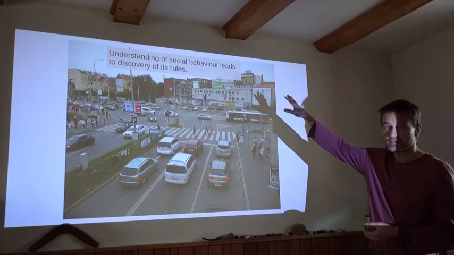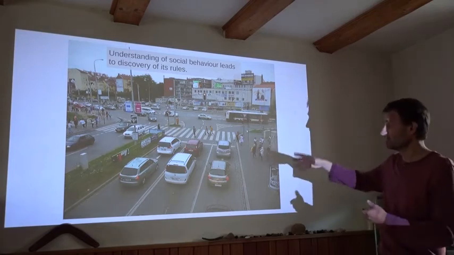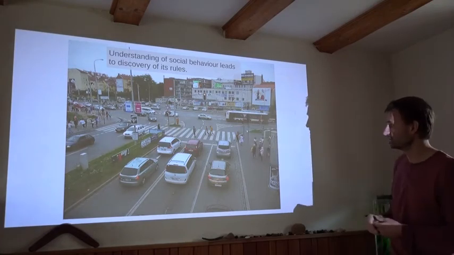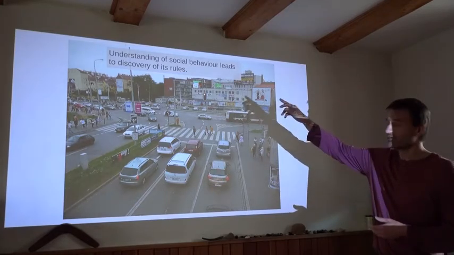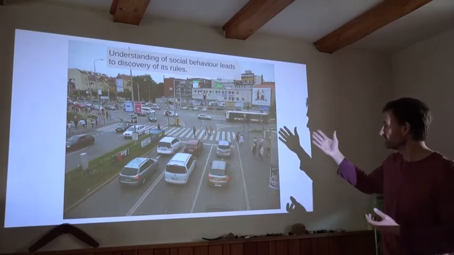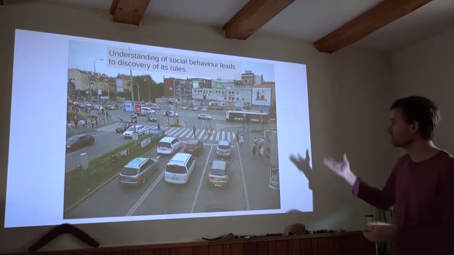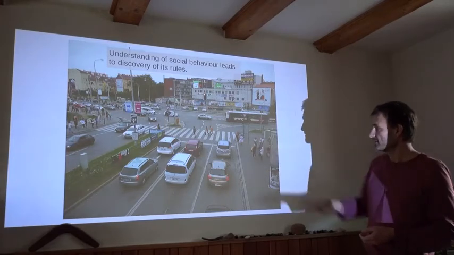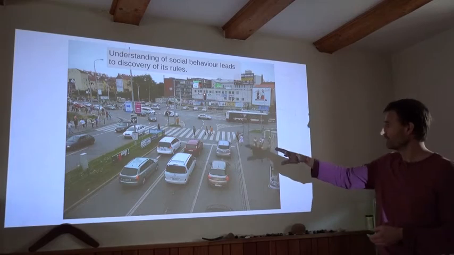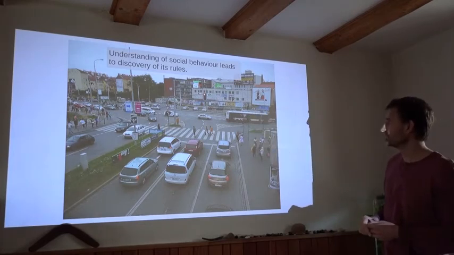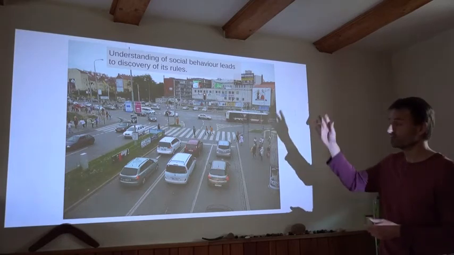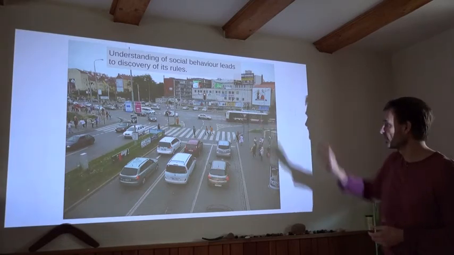So to understand social behavior, we must ask these people to get the knowledge of it, which leads to discovery of its rules. So after the research we can say these cars are there because they wait for the green light, because green light means that they can go.